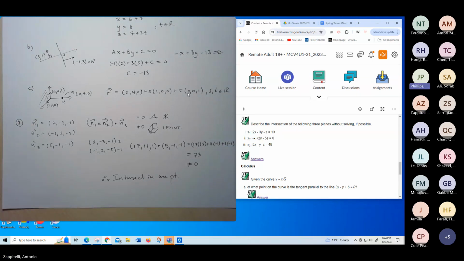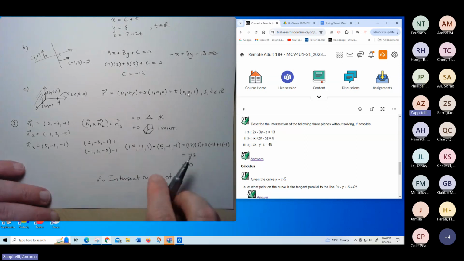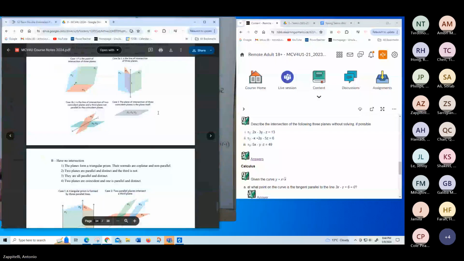I have a question. What's that triangle and the star for when you put the determinant equal to 0? It's just to show, well, let's go back to my notes here. The star would be this one here. Imagine these planes continue.